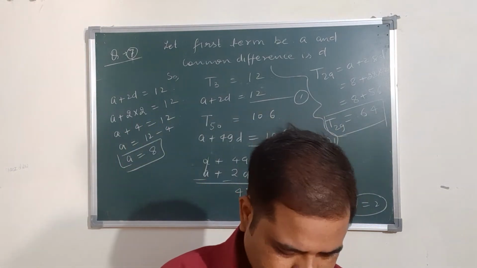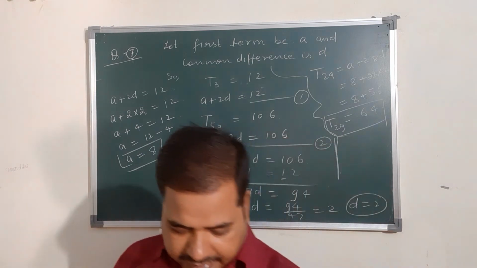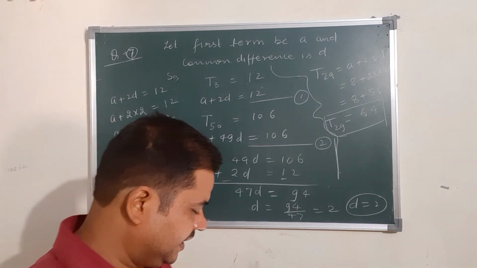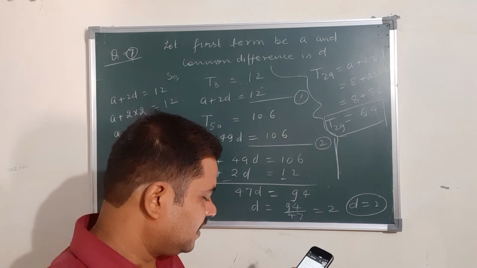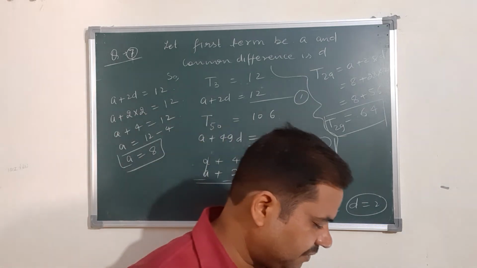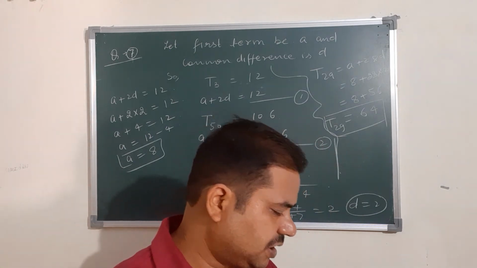Now next question, question number 9. Question number 9 is, if the third and ninth term of an AP are 4 and minus 8 respectively, which term of the AP is 0?